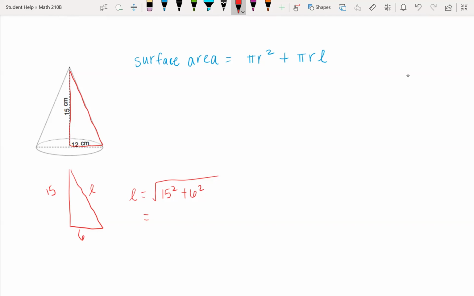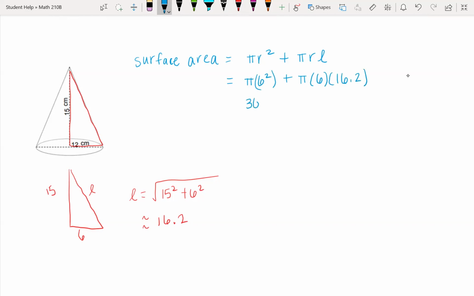So the slant height is going to be the square root of 15 squared plus 6 squared. And that is approximately 16.2. All right, so for the surface area, I have pi times 6 squared, because 6 is the radius, plus pi times 6 times 16.2.